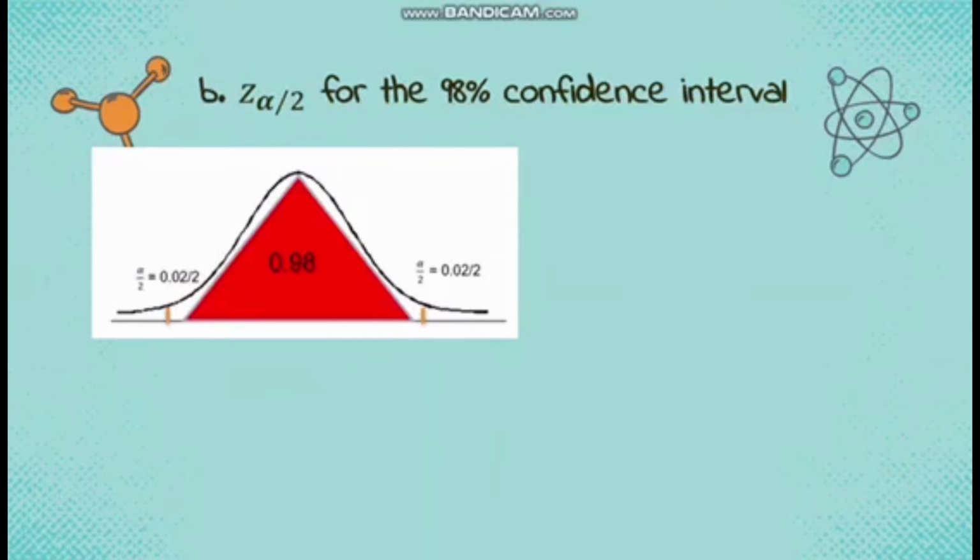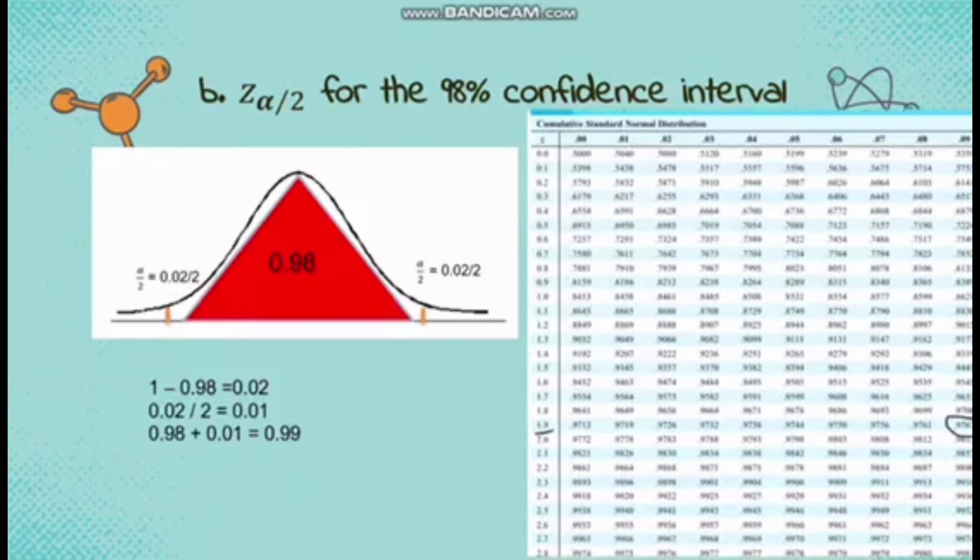The remaining 2% is divided again between the left and the right of our Z. 1 minus 0.98 is equal to 0.02. 0.02 divided by 2 is equal to 0.01. 0.98 plus 0.01 is equal to 0.99. By using again the table of Z-scores, we will find the location of 0.99, and that is 2.33.